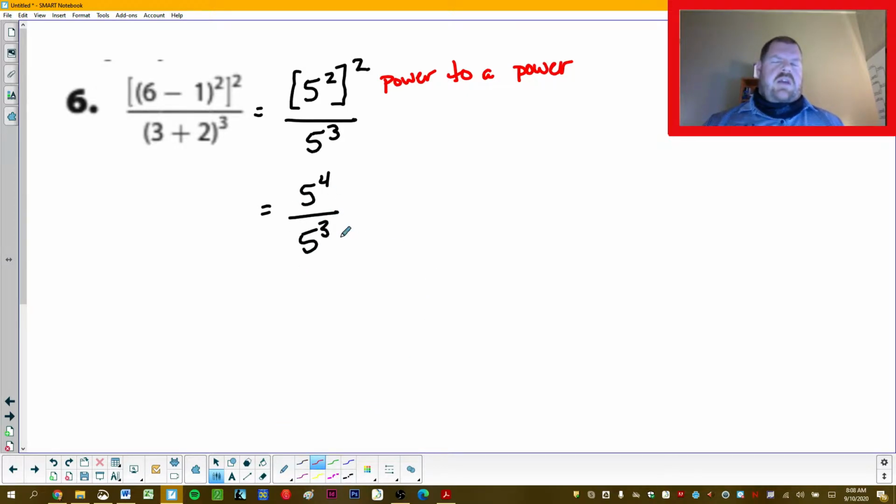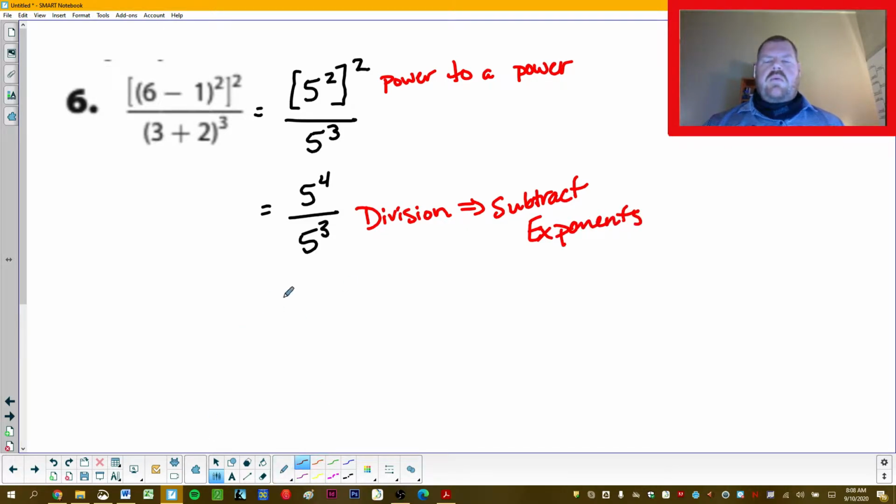Now I'm thinking again that I have division, and division tells me that I want to subtract my exponents. That was another rule that we wrote down. 4 minus 3 is 1, so I get 5 to the first power, which equals 5.